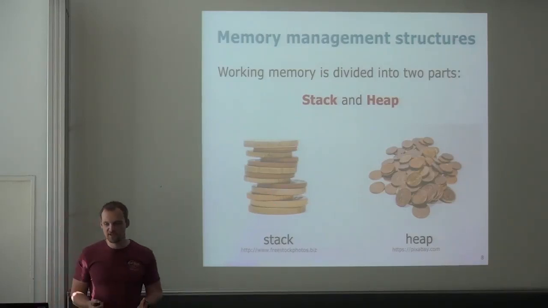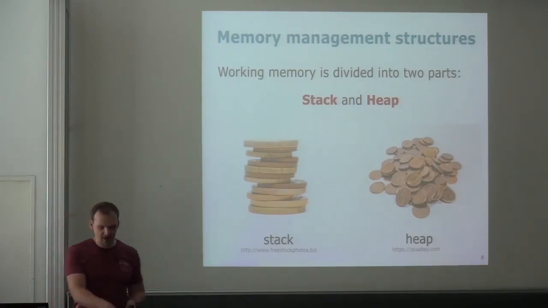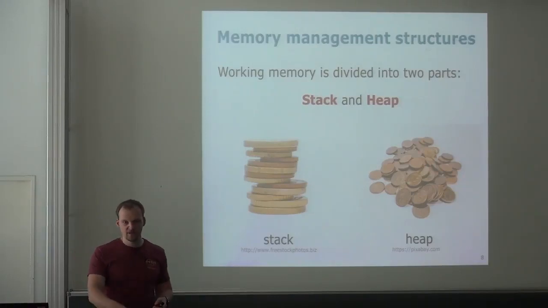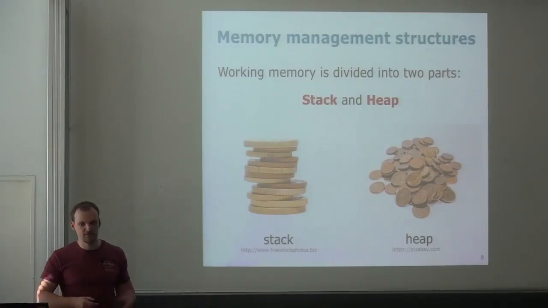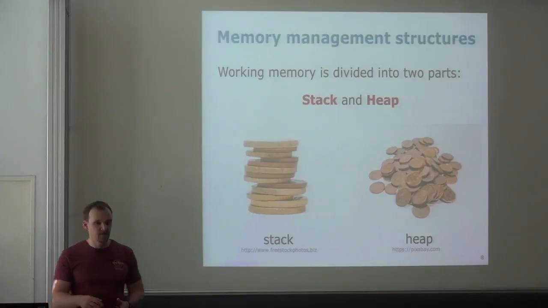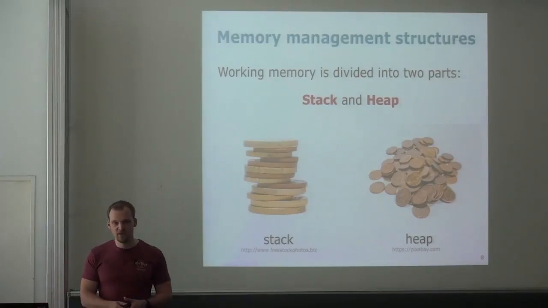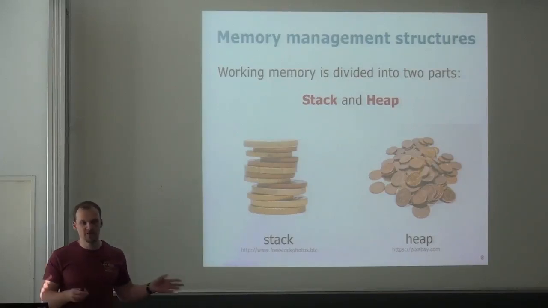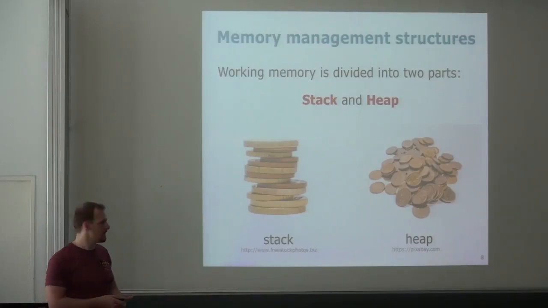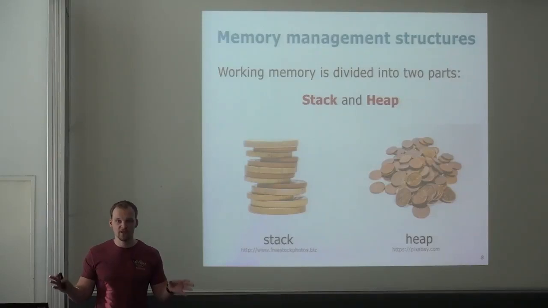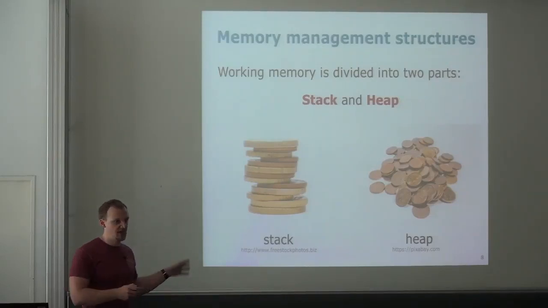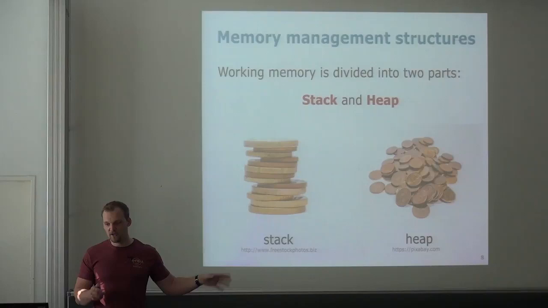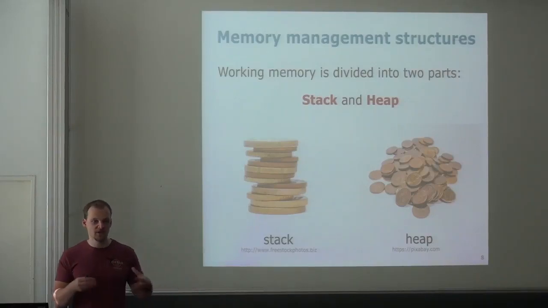That's the idea of the stack. While on the heap, I can look through it, and it will take me a bit more time because it's generally bigger. But eventually I will find something, and I will find it in logarithmic time, which is relatively quick. That is how the memory is separated. So we have a stack and we have a heap, and we are going to talk now about what they are used for and why it is done that way.